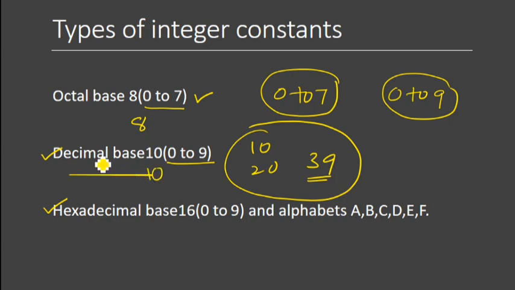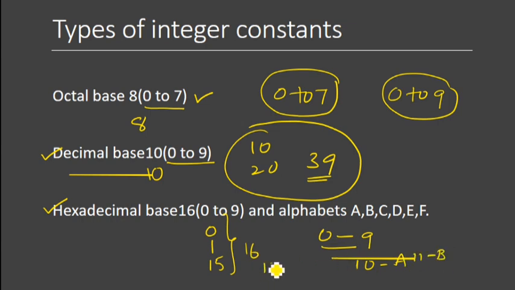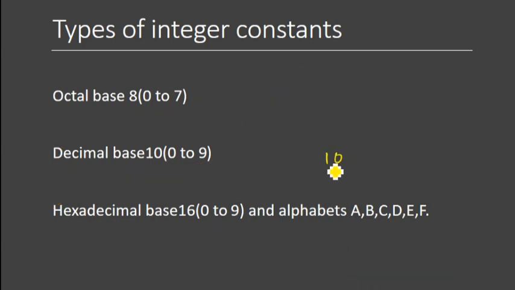Hexadecimal means a total of 16 values, 0 to 15. Up to 9 we use the normal numbers, but 10 is represented as A, 11 as B, 12 as C, 13 as D, 14 as E, and F means 15.